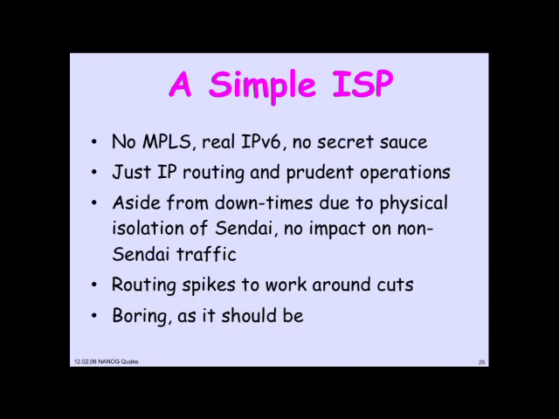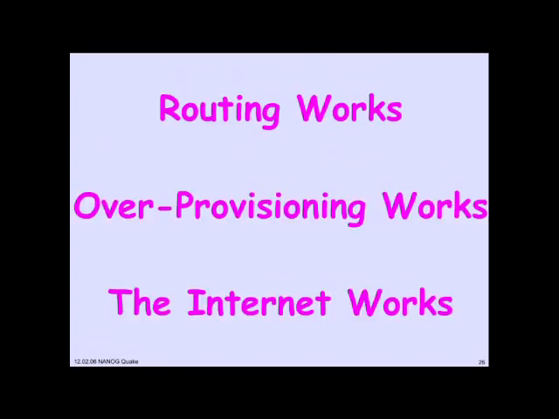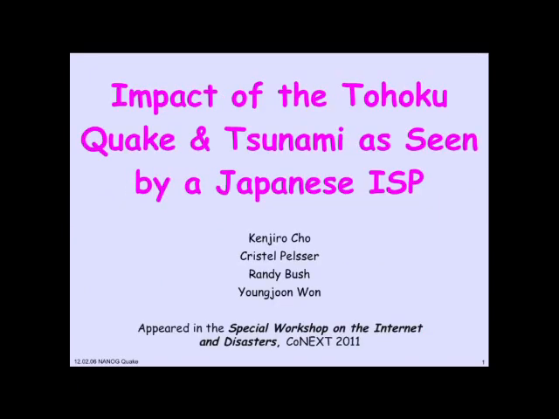We have no secret sauce, just IP routing, over-provisioning, prudent operations. Aside from the physical downtimes to Sendai, nothing. Routing spikes, worked around the cuts. Life was pretty boring. So routing works, over-provisioning works, and the internet works. And that's it.